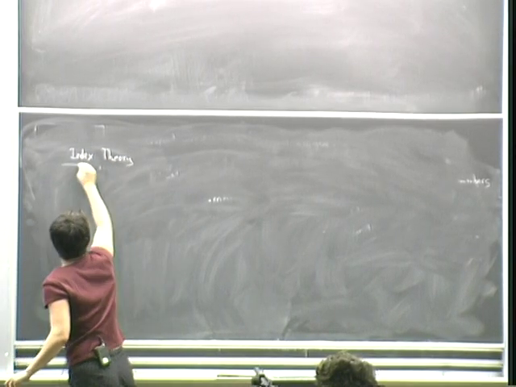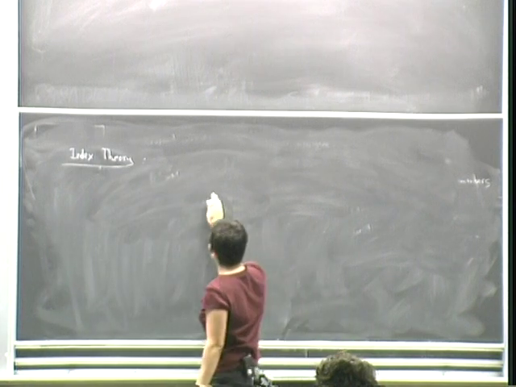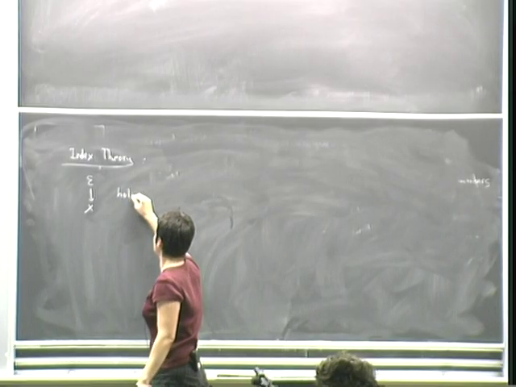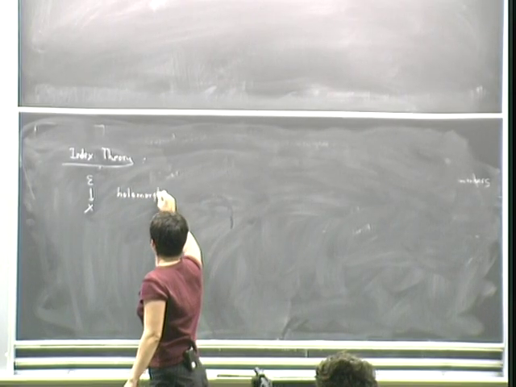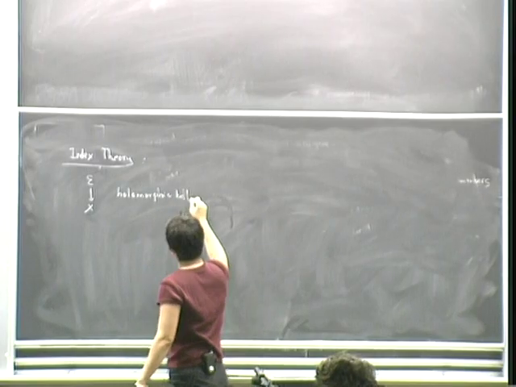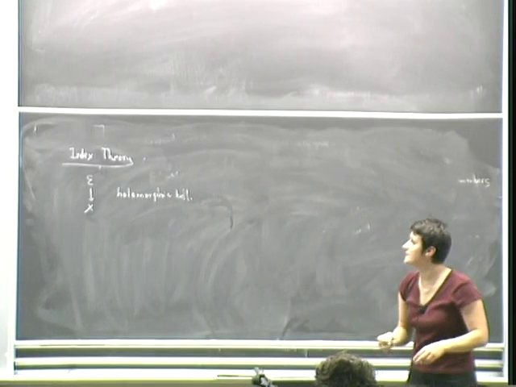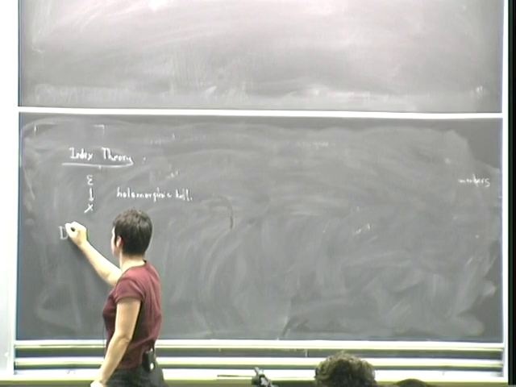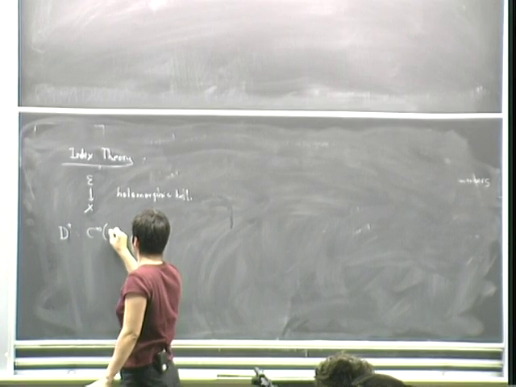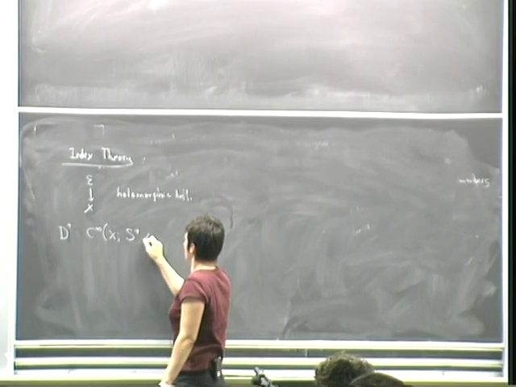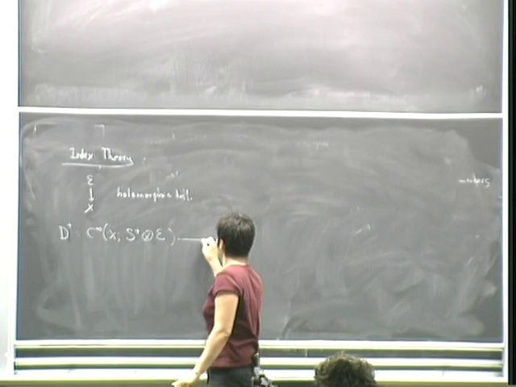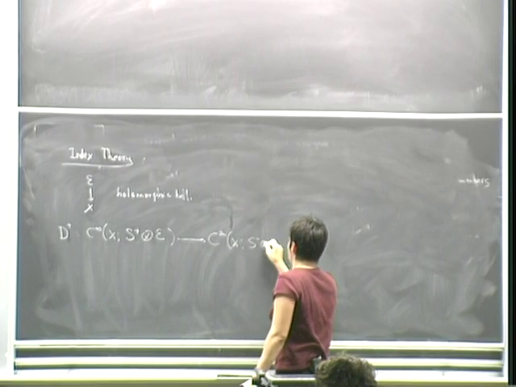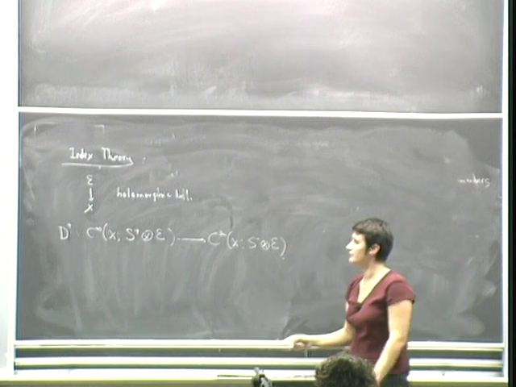If you have a holomorphic bundle on your manifold, as you've seen in the gauge theory lecture, you can construct a Dirac operator, and here I'll take just the half Dirac operator.